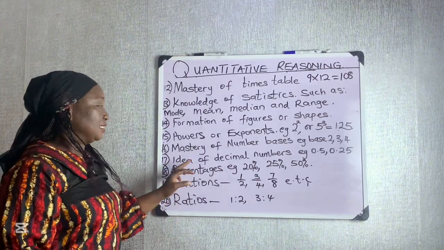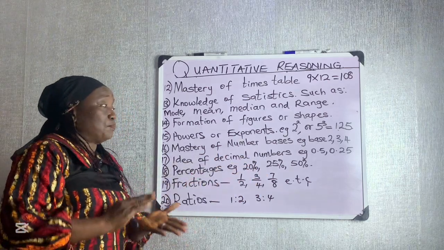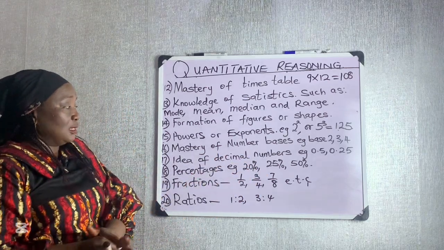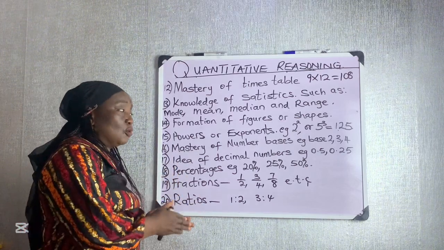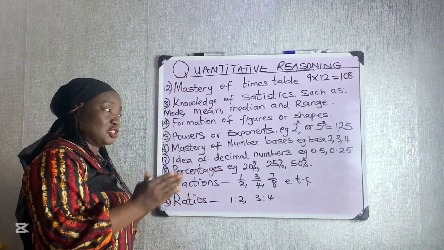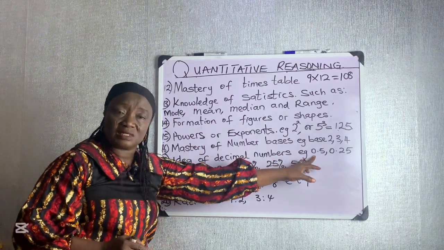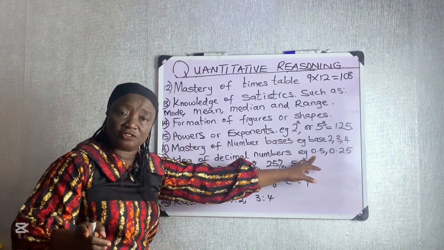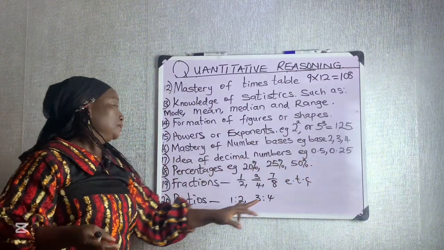Number 17, idea of decimal numbers. In this case, it can be from percentage to decimal, or from fraction to decimal. So after you have learned it and thought about it, you will know whether the answer is decimal from fraction or from percentage.